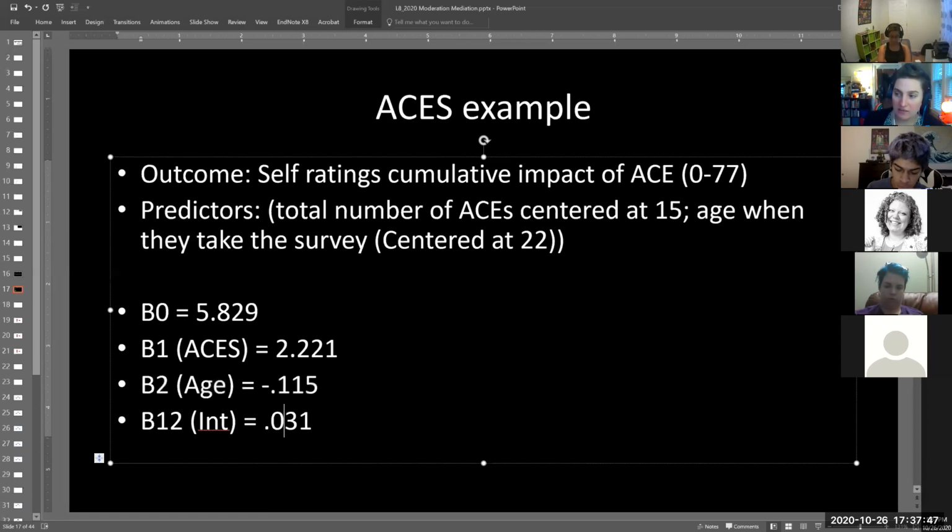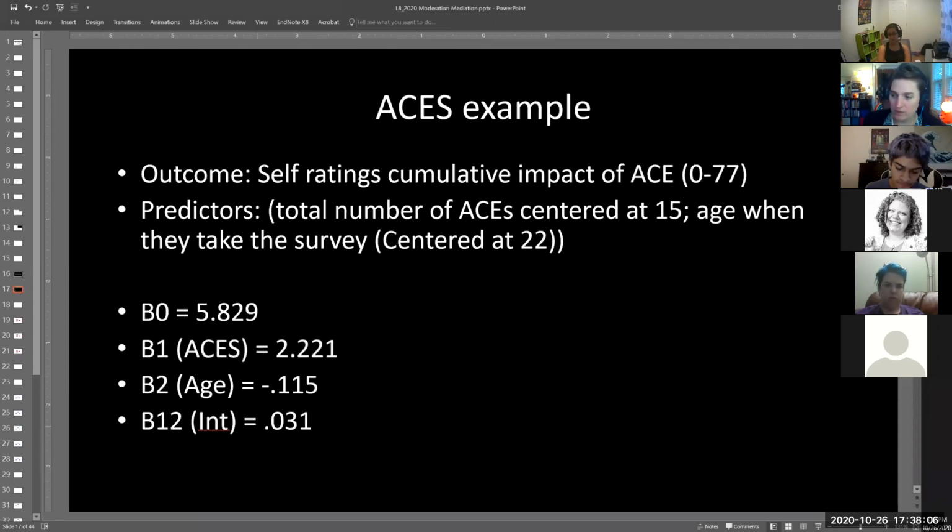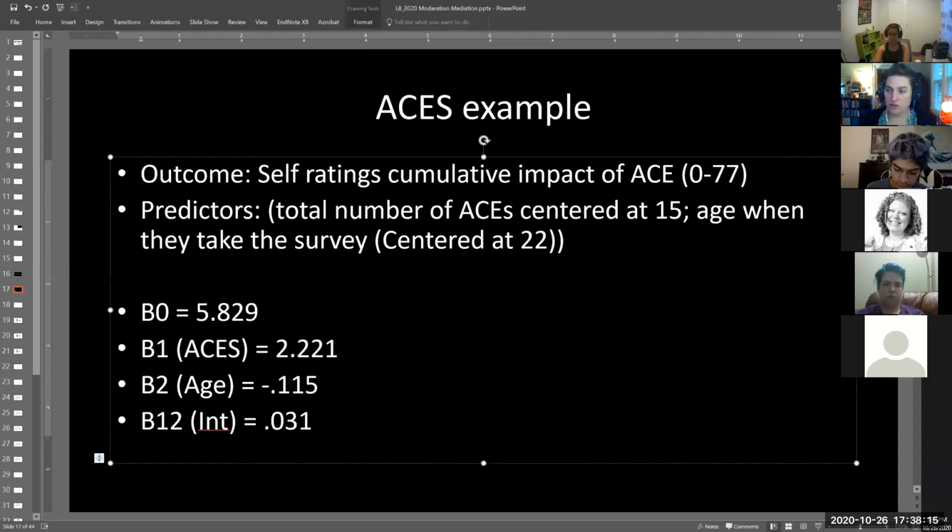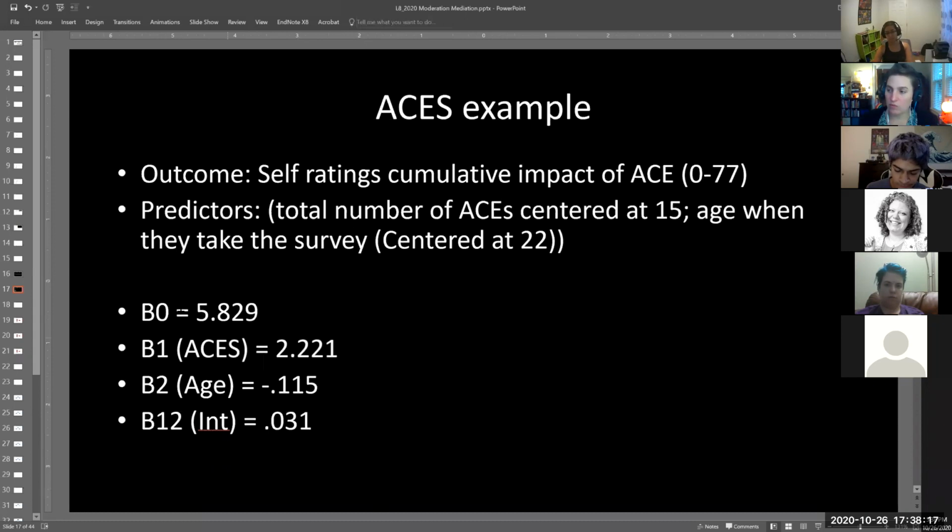But let's say any 2 people at 0 on ACEs, one who's gone up by 1 on age, that hypothesis was correct, that there's less of a rating of cumulative impact. But only when ACEs is 0. Because this interaction is also significant, which suggests that as one of these changes, the relationships for the others are going to change.